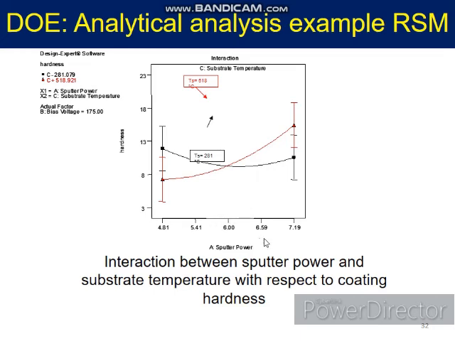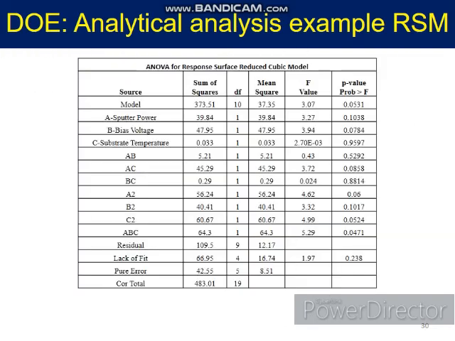And the x-axis is sputter power. Just looking at the graph, you can see that as you change the sputter power for the different levels of substrate temperature, the slope is different. This one is sloping down and this one is sloping up. So this indicates that there's a strong interaction between the two factors, right? Immediately from the graph, you can see there's a strong interaction between the two factors.